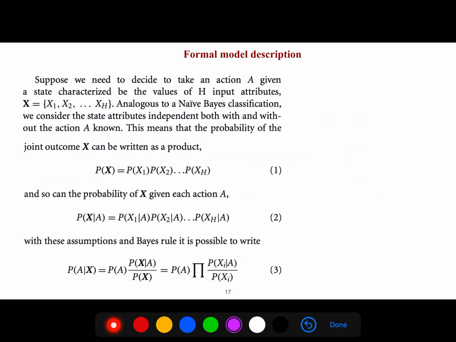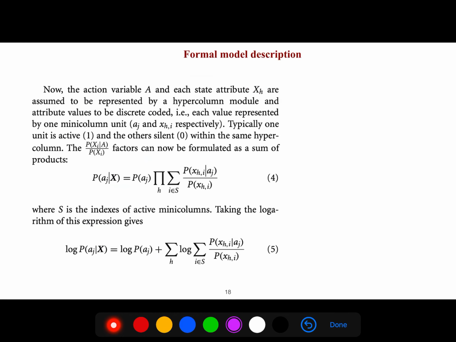So just like before, we write a formal model description like this because we assume that these are independent. For simplicity, we can write this. And then the condition on action. For example, you just use Bayes rule because if you know the action, we can understand what is the probability of that. And because of this independence, you can just multiply them.